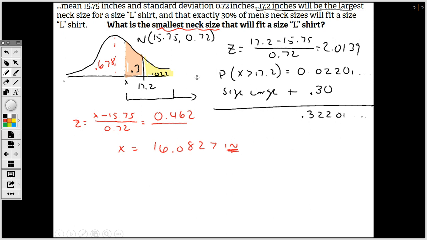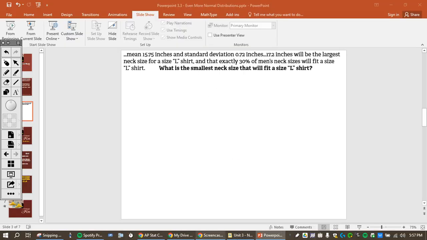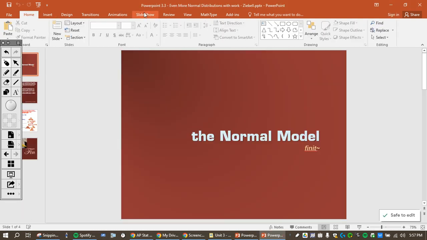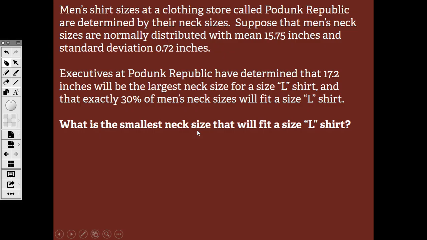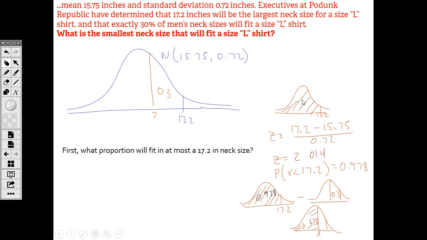Now that's one way to do it. We could have also found the area all the way to the left of this number. So let me show you that. This is just a bonus, an extra approach. What we could have done is started with our curve, found the area all the way to the left, this big area, and then subtracted 30%.